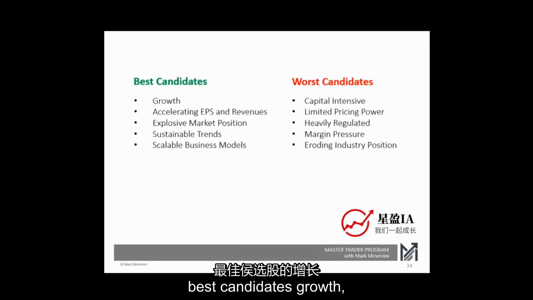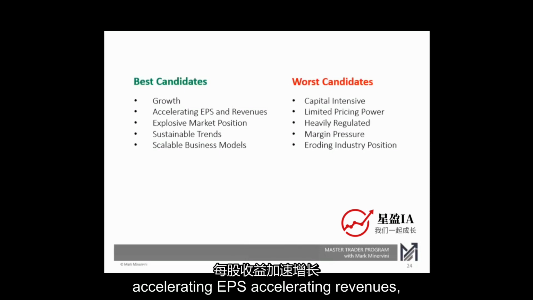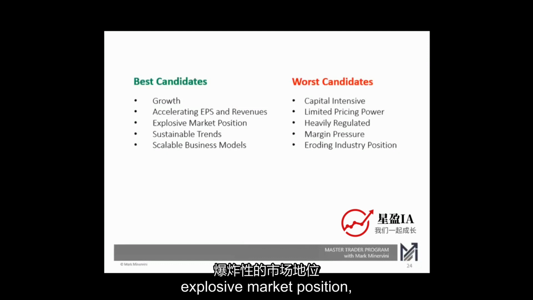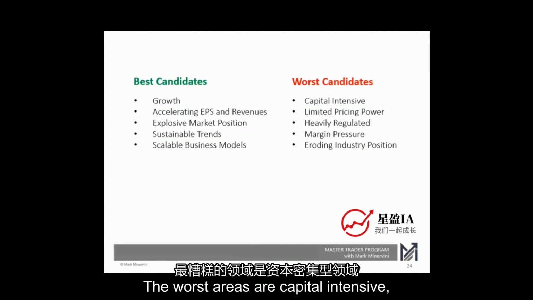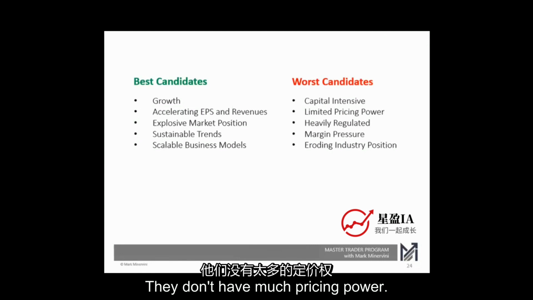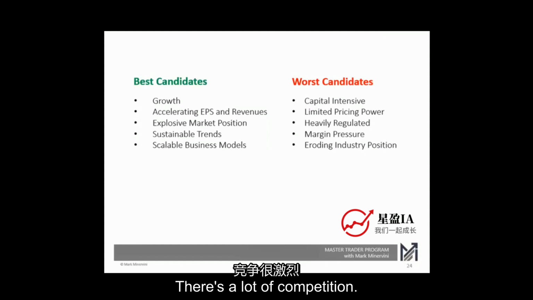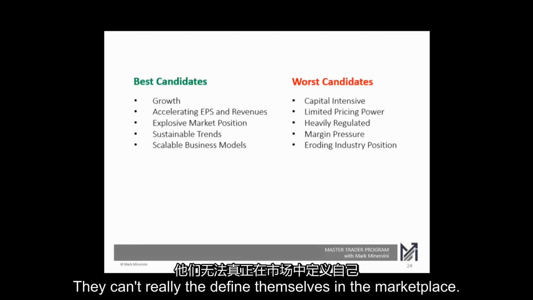Best candidates: growth, accelerating EPS, accelerating revenues, explosive market position, sustainable trends, business models that can be scaled. The worst areas are capital intensive. It takes a lot of money. They don't have much pricing power. There's a lot of competition. They can't really define themselves in the marketplace.